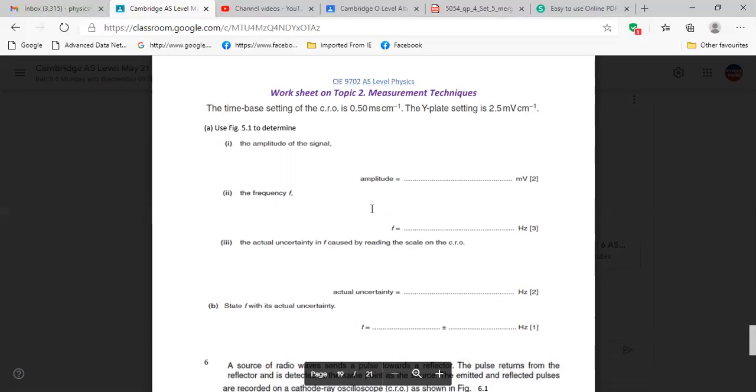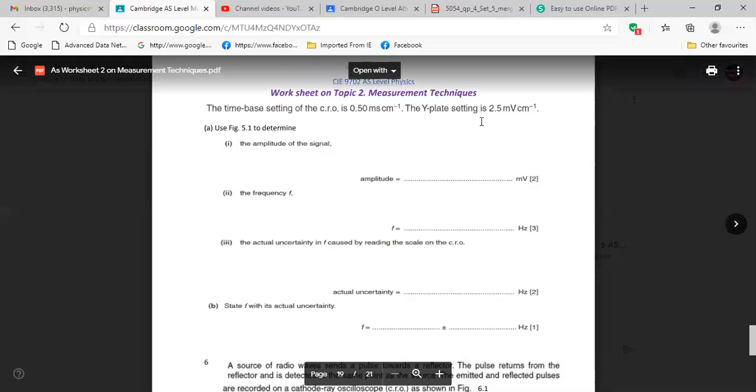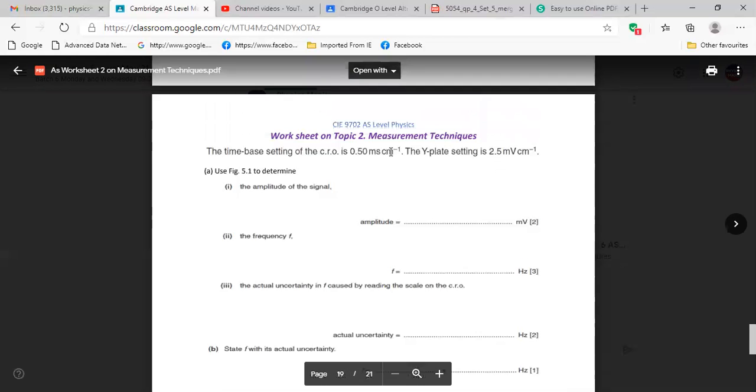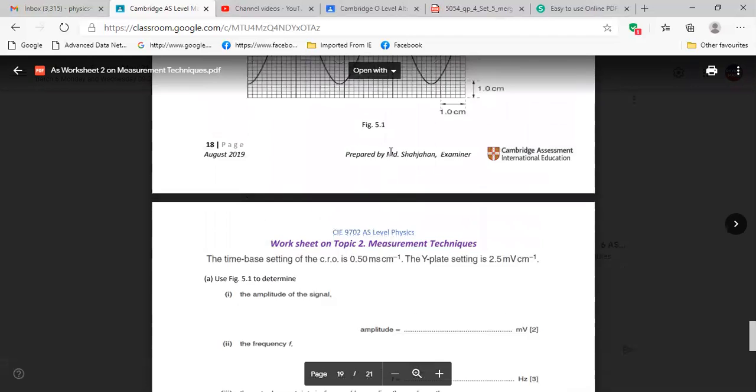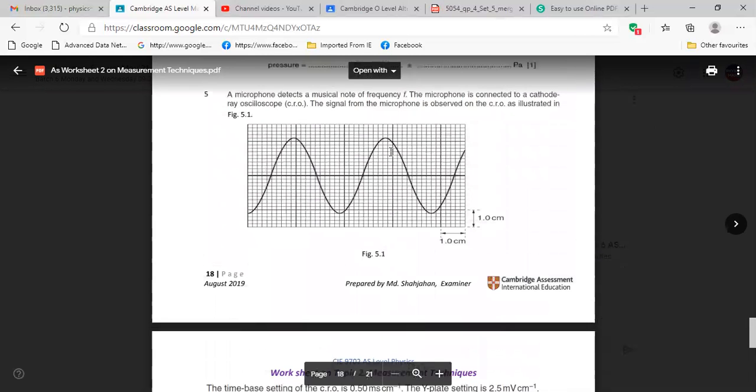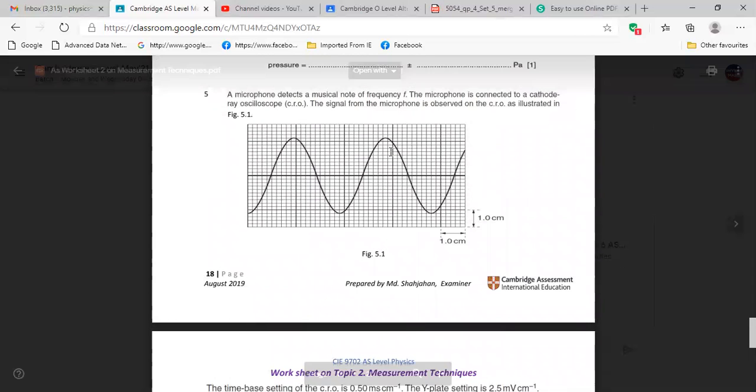So now they are asking to find the amplitude of the signal. We have here 2.5 millivolt per centimeter. We will check in the diagram. Amplitude means the displacement from the rest position, right? Yes, sir.